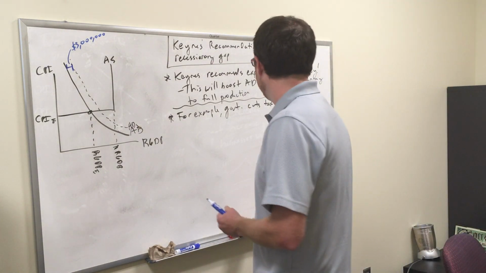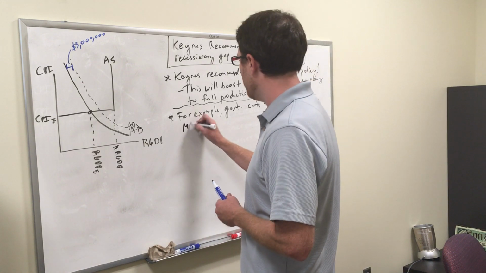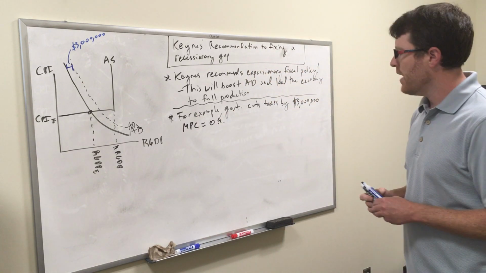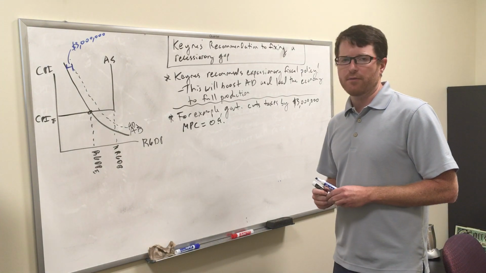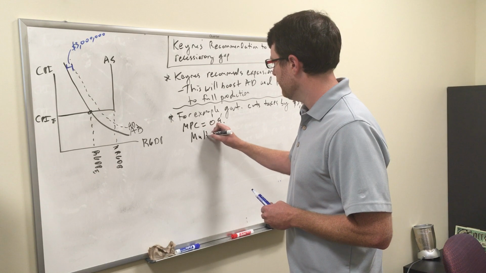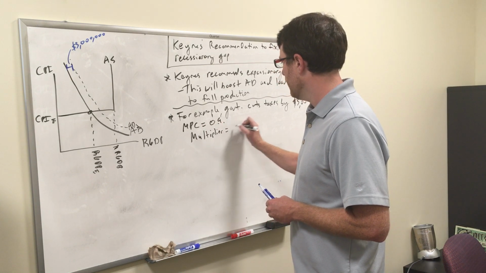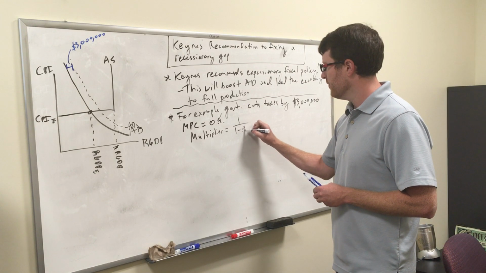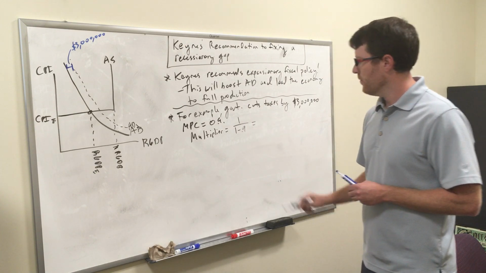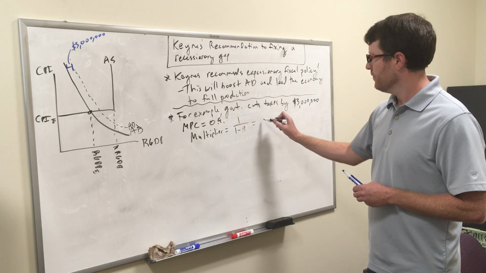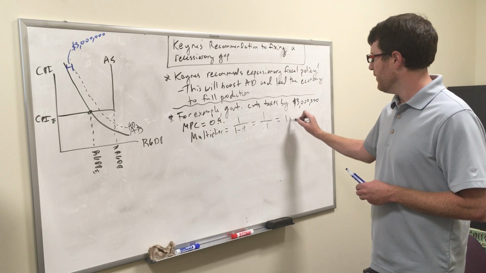So let's imagine that in this question, let's say that the MPC is equal to 0.9. Then how much total spending is this going to generate? We got to figure out the multiplier, which is 1 over 1 minus the MPC. Right? 1 divided by 1 minus the MPC, which comes out to 10.